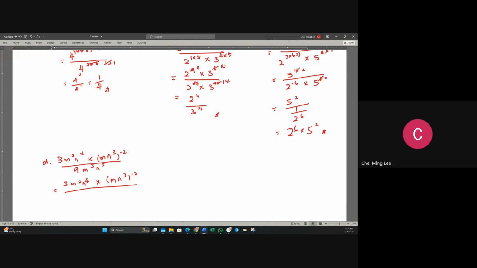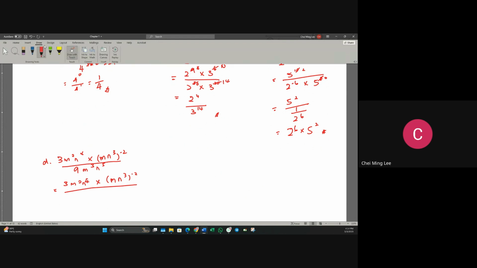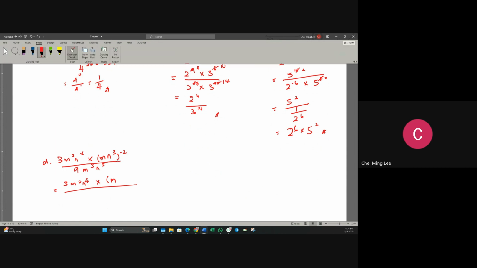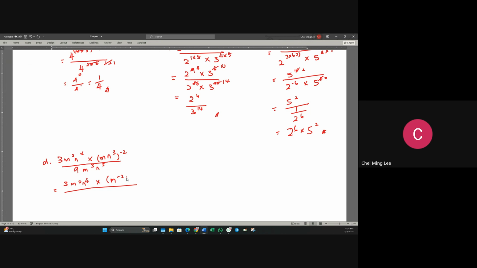Oh sorry, we should multiply this inside, so it becomes m negative 2, and 3 times negative 2 is negative 6. Okay, so this one continues, 9m cubed and 5.